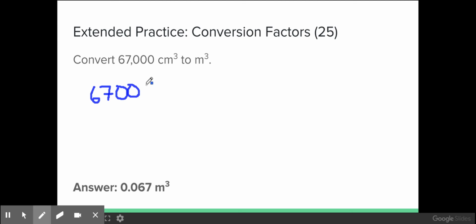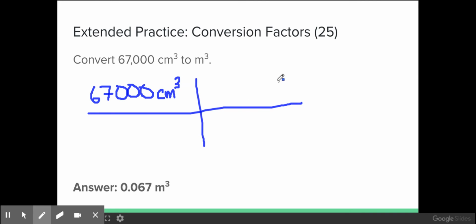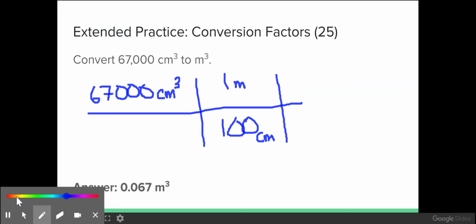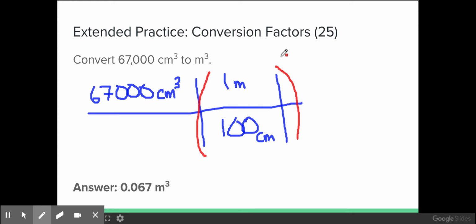So the same thing holds true. I'd start with cubic centimeters, and we know that 100 centimeters is the same as 1 meter, but here's the problem. This unit doesn't match this one. So a trick that we can use is we can actually take the entire conversion factor to the third power.